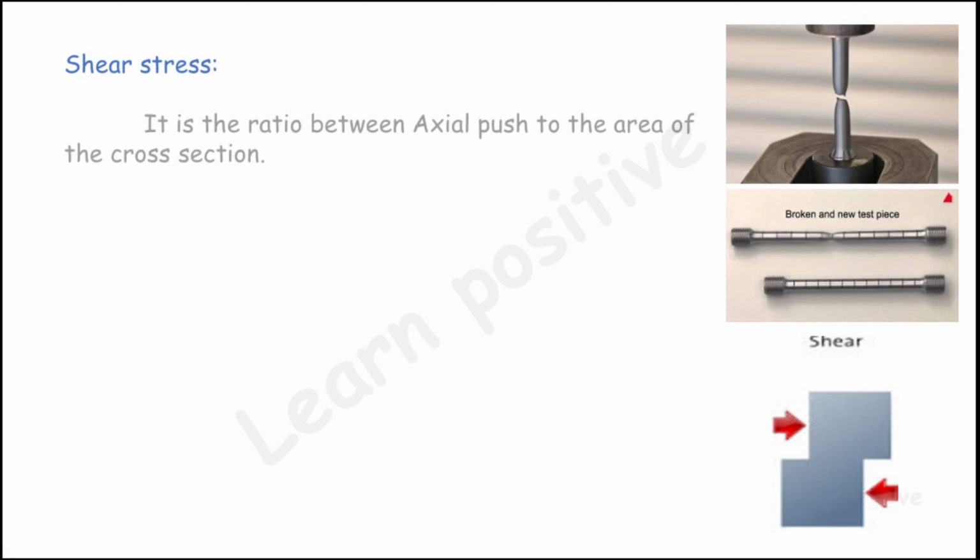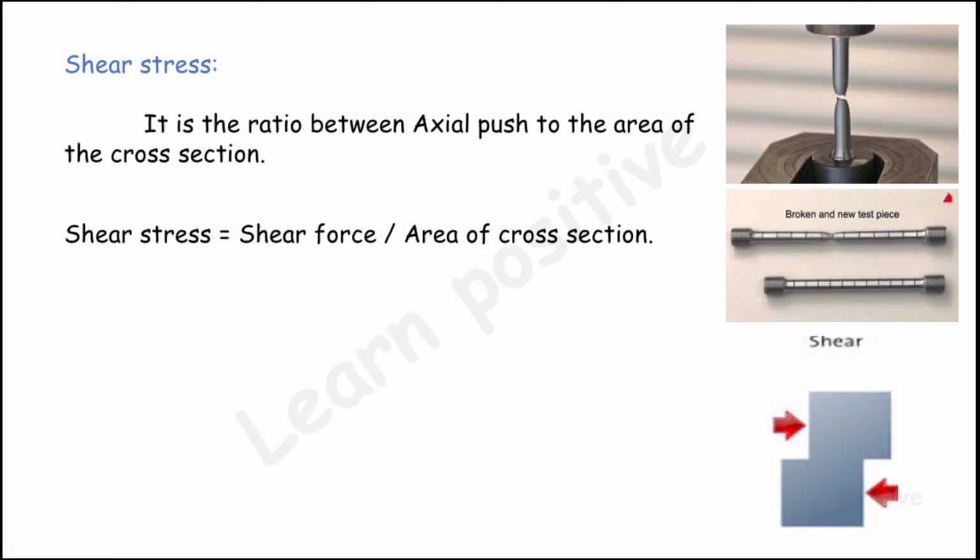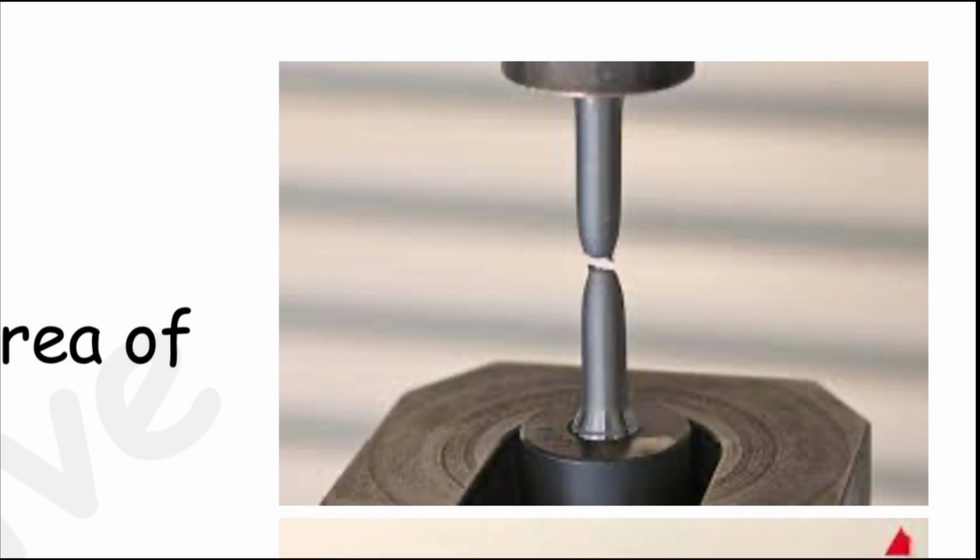shear stress. Wherever there is an axial pull or push, the cross-sectional area changes, and in the ultimate stage it becomes sheared off into two pieces. Now see this image for an example. I am going to fix a rod between two grippers and give a tensile force to it.